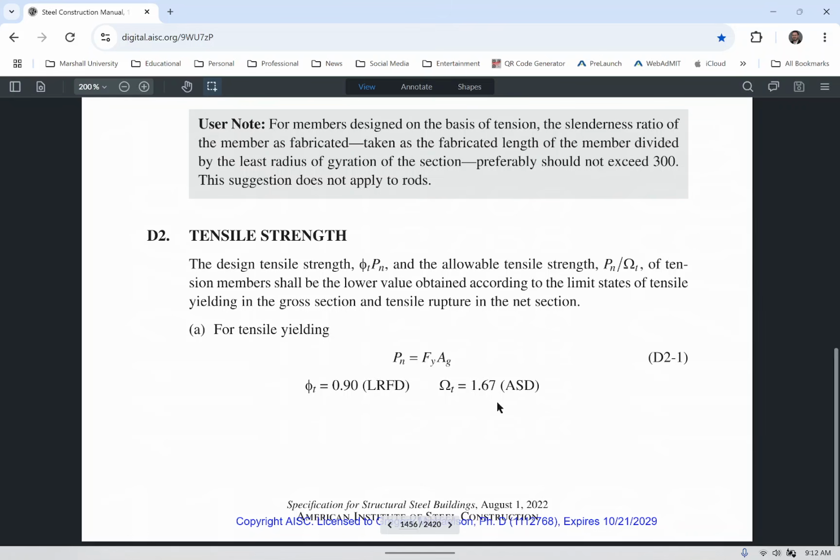Because 0.9 is our resistance factor for LRFD. And don't worry, we'll put all this together here in about a week. We're going to take each piece of this and dissect it, and then we'll put it all together in one big old problem a little bit later. Okay? So this is gross section yielding.